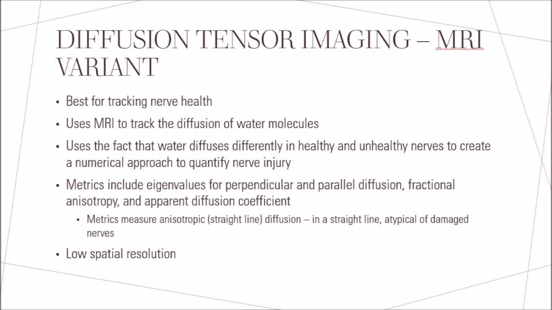DTI uses MRI to track the diffusion of water molecules inside the nerve. It uses the fact that water diffuses differently in uninjured and injured nerve: water usually diffuses in a straight line in uninjured nerves, but in injured nerves, water typically diffuses orthogonal to the nerve.